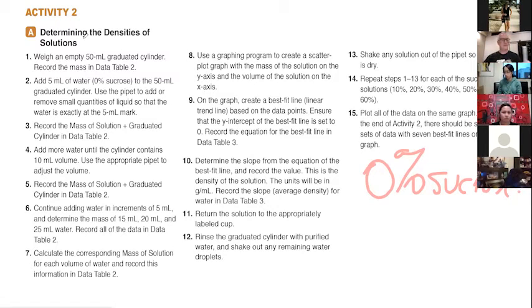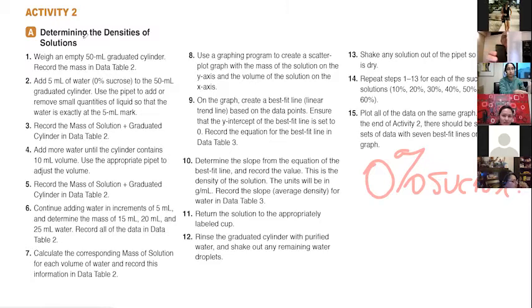Actually, let me grab something dark because it's kind of hard to see. This is one of the things I recommend when you're trying to determine the volume of something: have a dark background to look at it. It doesn't make a whole bunch of difference here, but believe me, in person, it's much easier.